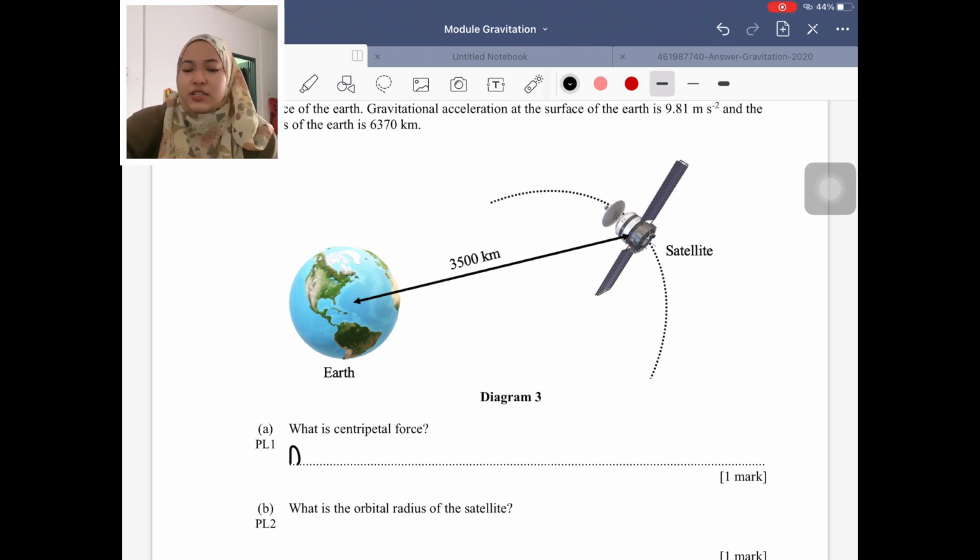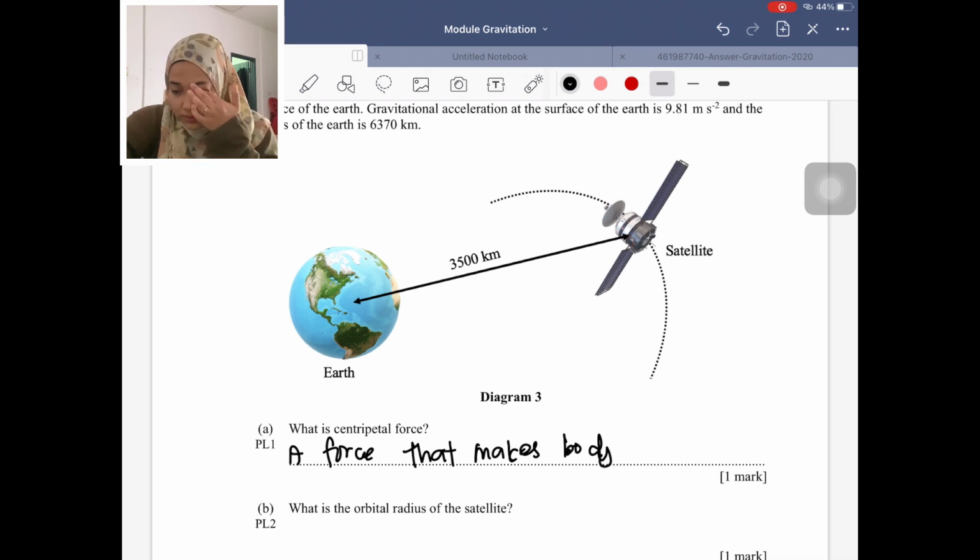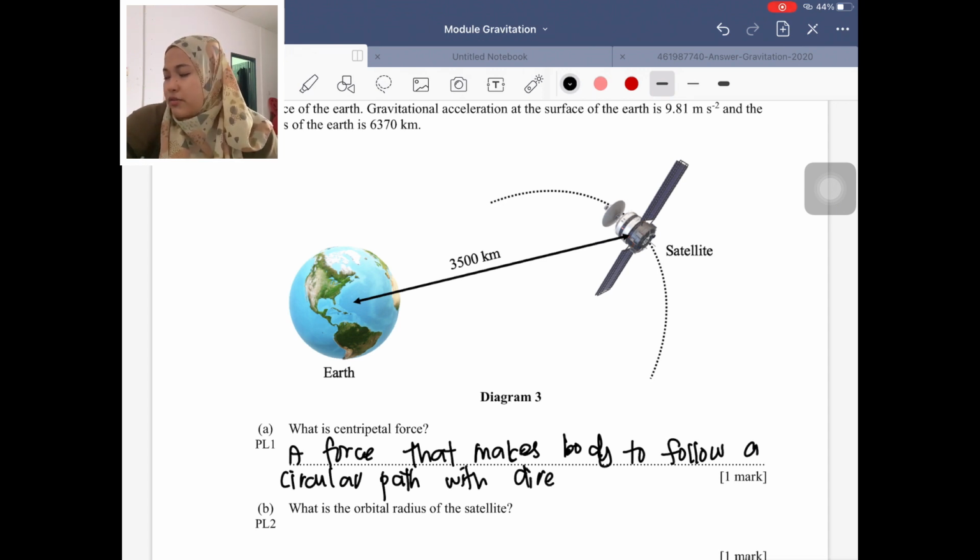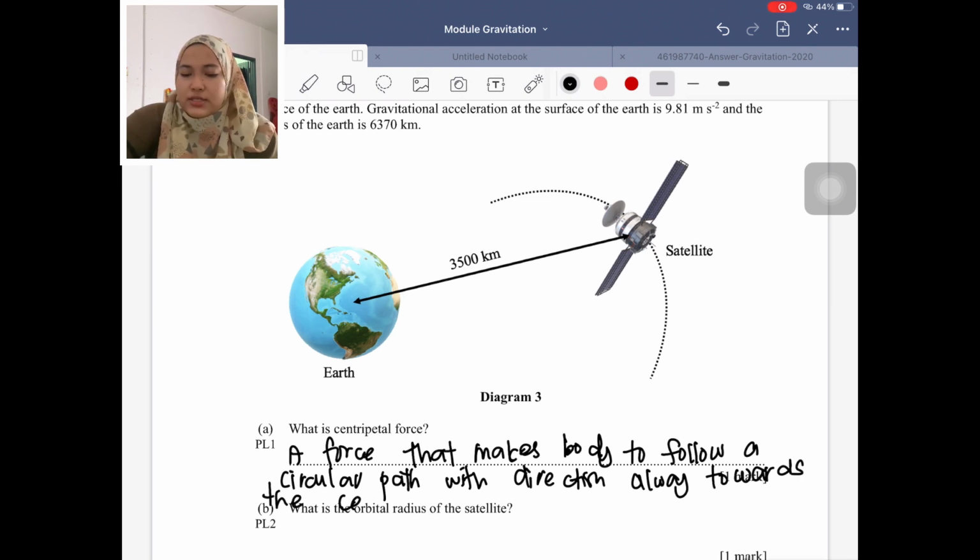So centripetal force is a force that makes a body follow a circular path with direction always towards the center of curvature.